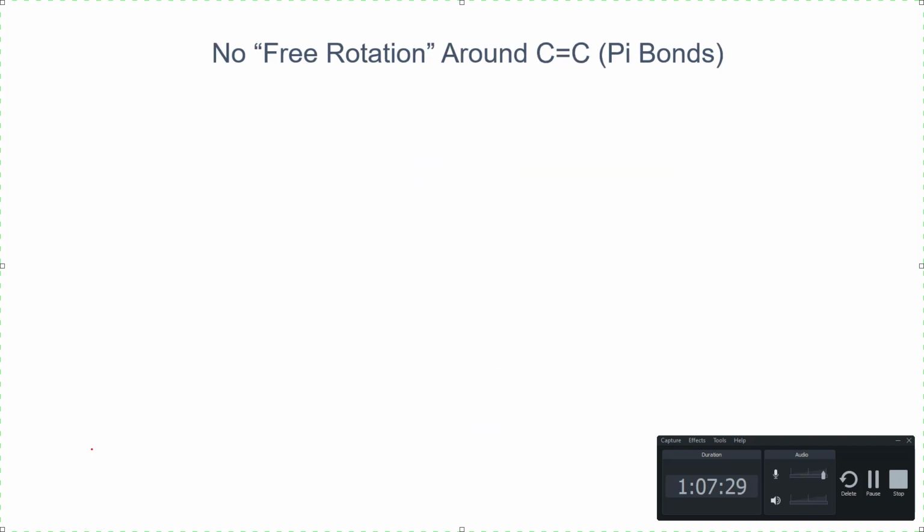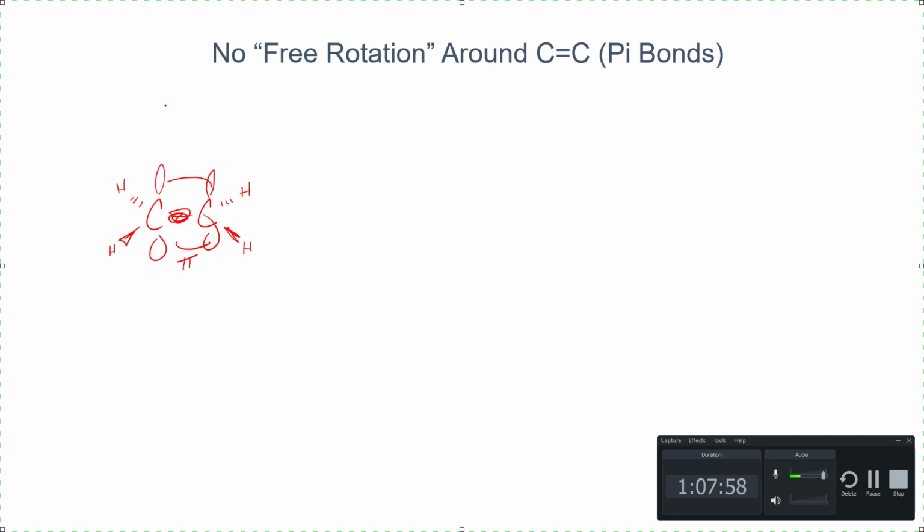However, there is not free rotation around a carbon-carbon double bond. If this is my sigma bond, and then I form my pi bond, and I'm looking at this head on, again, these bold wedges mean that the molecule is pointing towards you, and these hydrogens are pointing away from you.